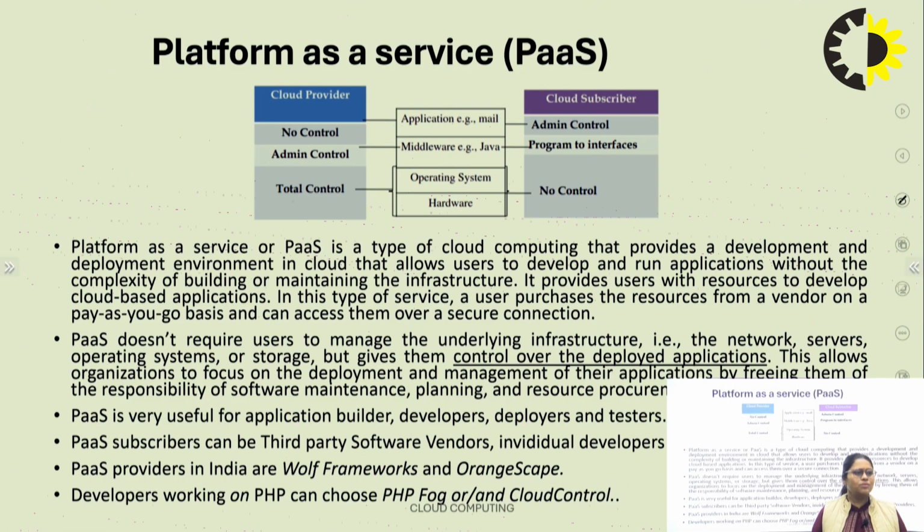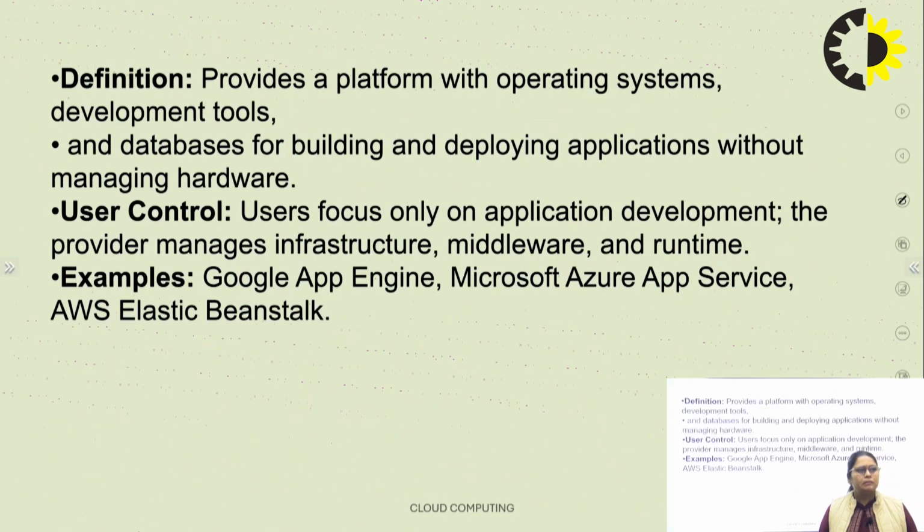So, PaaS is useful for application builders, developers, and testers. Its subscribers are third-party software vendors. In brief, we can say that PaaS provides the platform with the operating system, development tools, and database for building and deploying applications without managing the hardware.